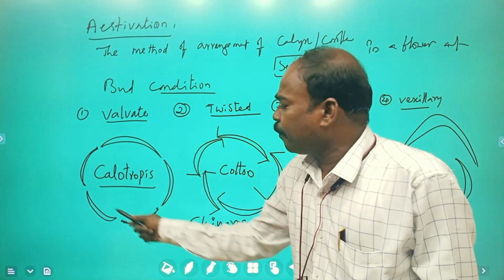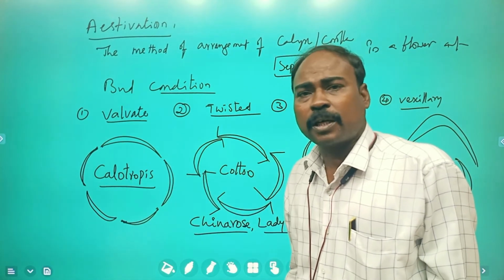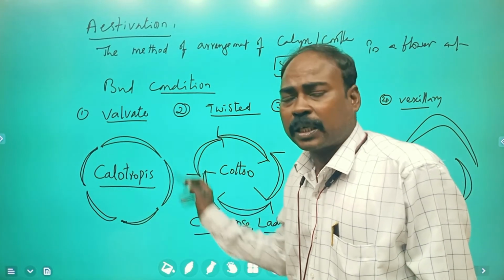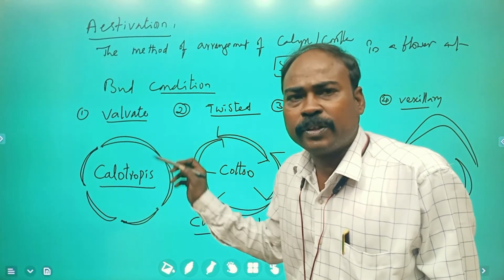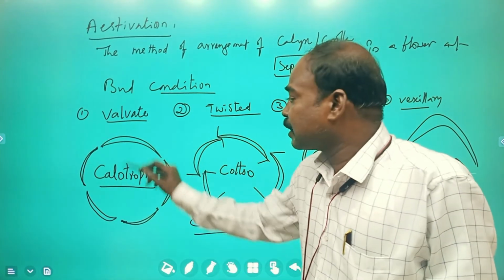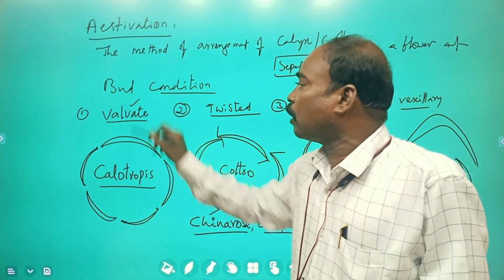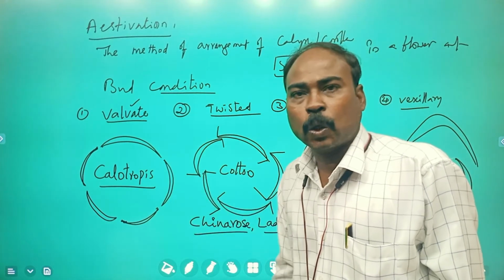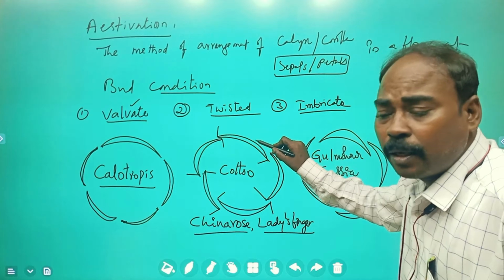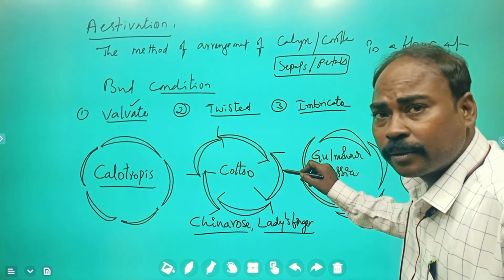Each and every member, that is a calyx or corolla, is found in a definite circle or whorl with certain small gaps without any overlapping. Such an arrangement is called valvate. Example, Calotropis.